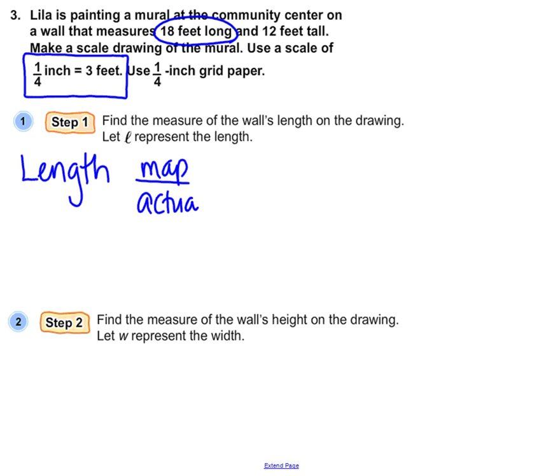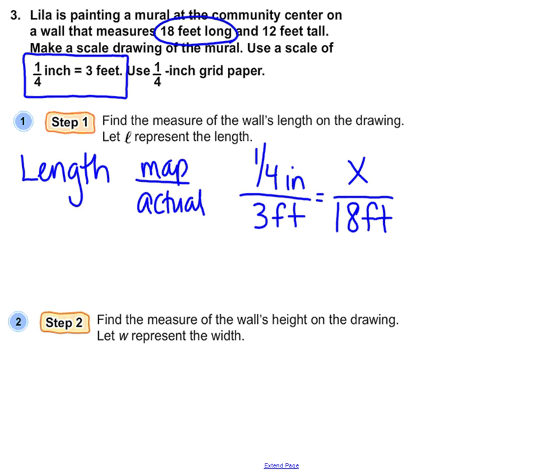And you can call it model over actual, plan over actual, whichever makes you more comfortable. So we have 1/4 inch over 3 feet, okay? And we want to know on a scale, we don't know what it is, if it is 18 feet long, okay? So now we can set up our cross products.